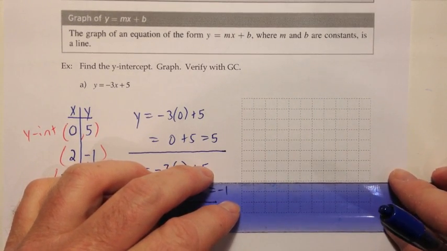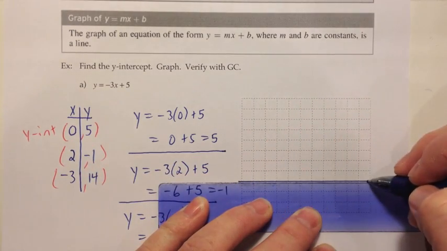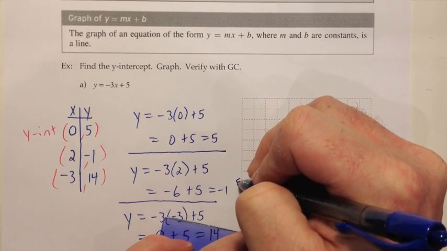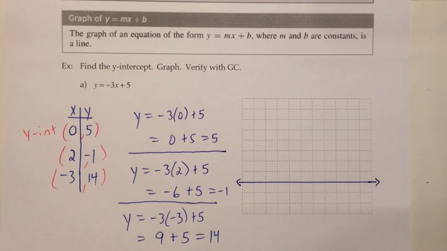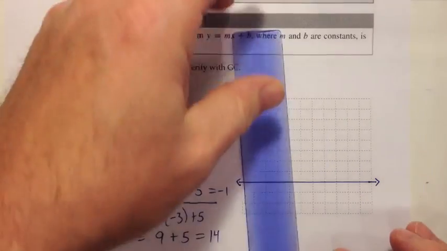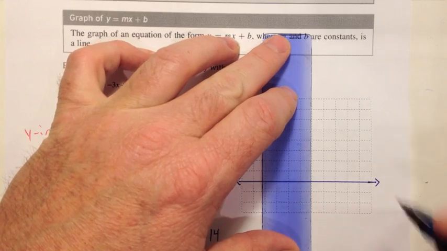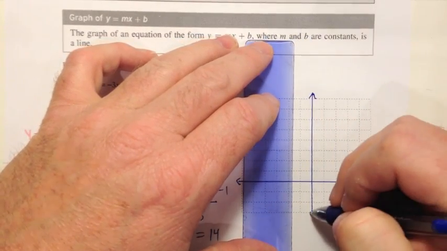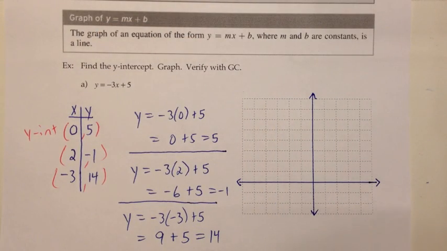So I'm going to draw my horizontal axis, the x-axis, down kind of low to give room for big y values like 14 and not worry so much about space below because I don't have big negative y's. I picked some x's on both sides, so I can just pretty much draw my vertical axis down the middle and everything should fit nicely with a scale of 1. And I know that because I picked numbers that would be easy to plot, like 0, 2, and negative 3.